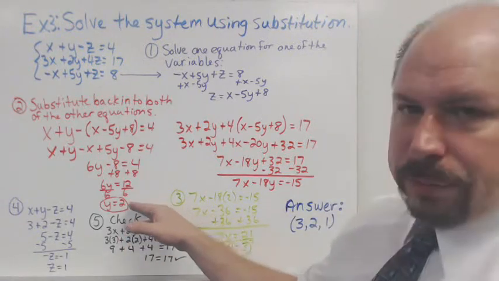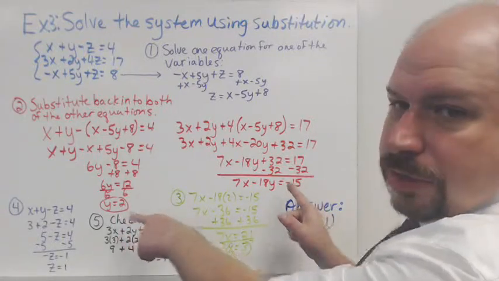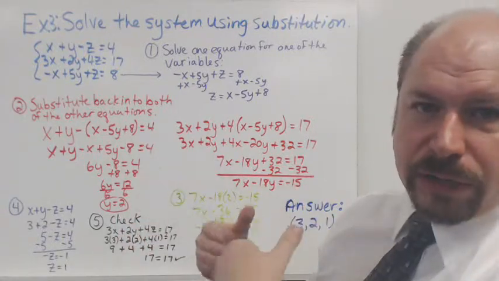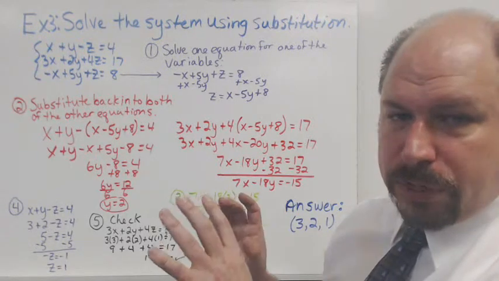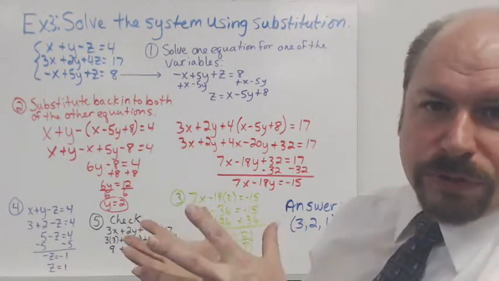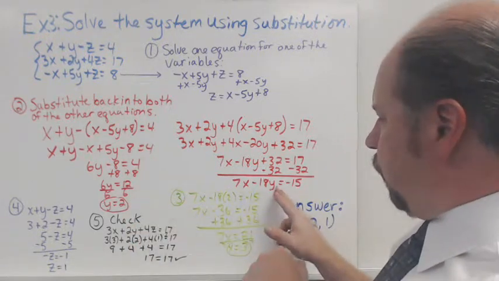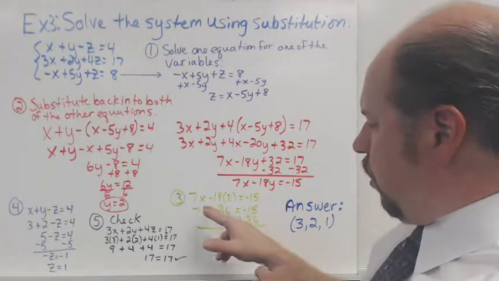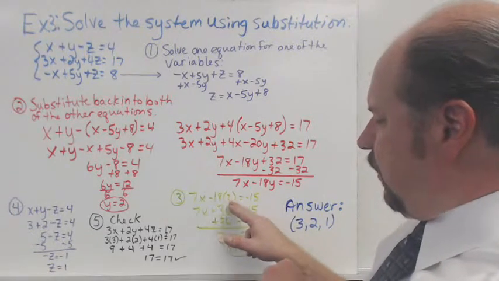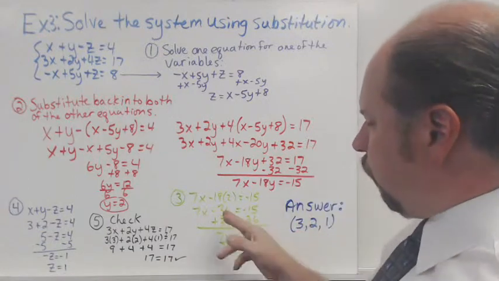If we had not eliminated x here, we would now have two equations in two variables, and we can continue with our substitution from there. But we don't have to do that because this came out and we were able to solve for y a little easier. So let's take y, which is 2, and plug it in right here. So 7x minus 18 times 2 equals negative 15.